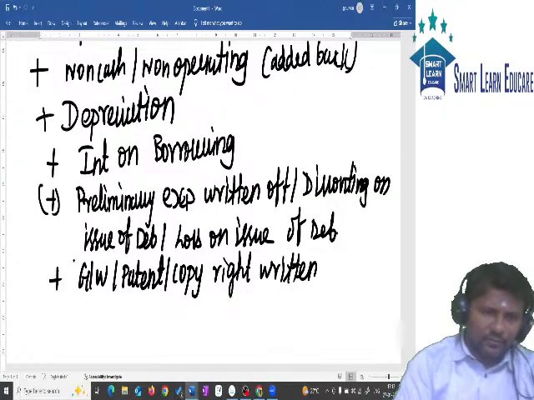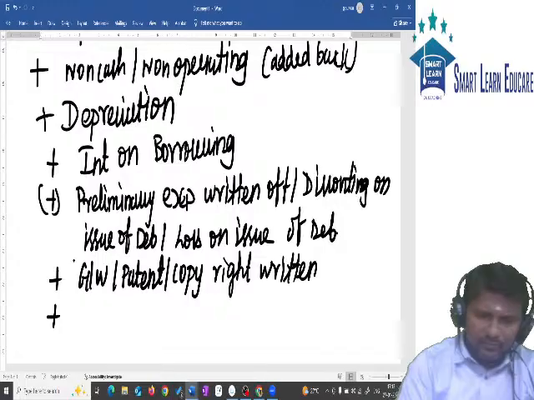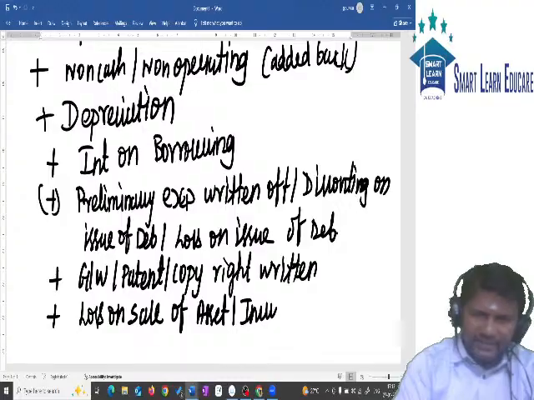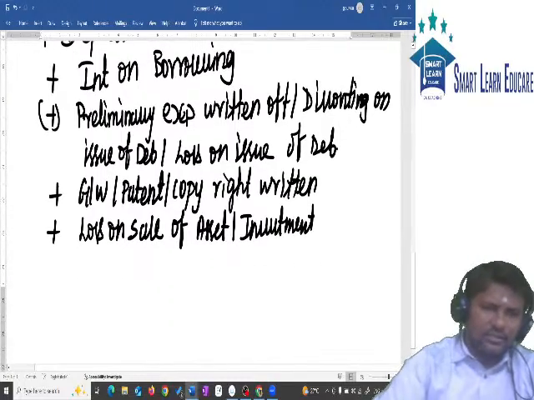Next, in P&L we will debit loss on sale of assets. Add back loss on sale of asset or investment. When I say asset, it includes machinery, land, all the things.